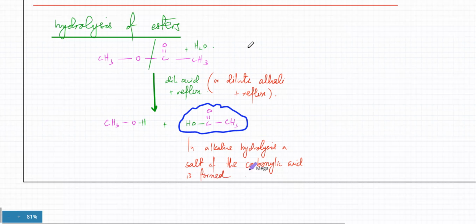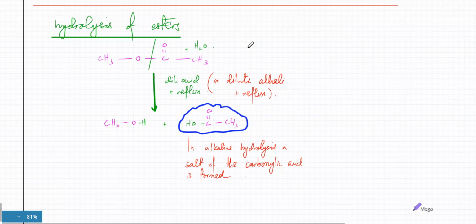The reason is that the alkali would react with the carboxylic acid, and that would result in the formation of a salt. So in this case, you're going to get CH3, and let's say the alkali was NaOH, so you will get a salt of the carboxylic acid. So is this clear, Mohammed Ethan?